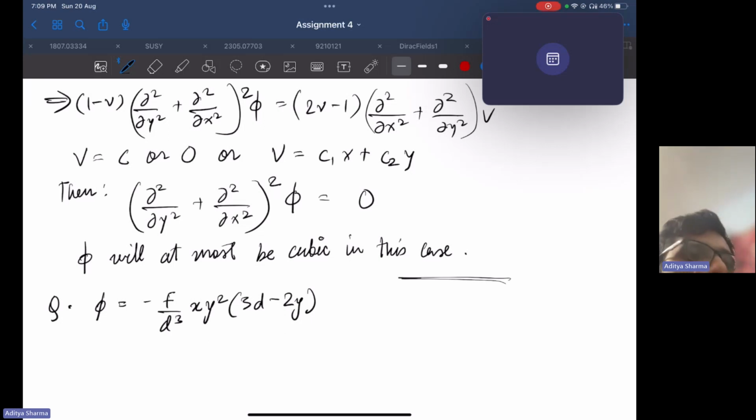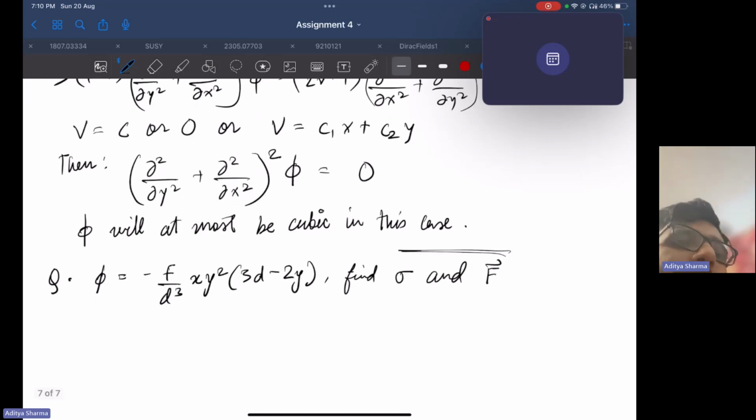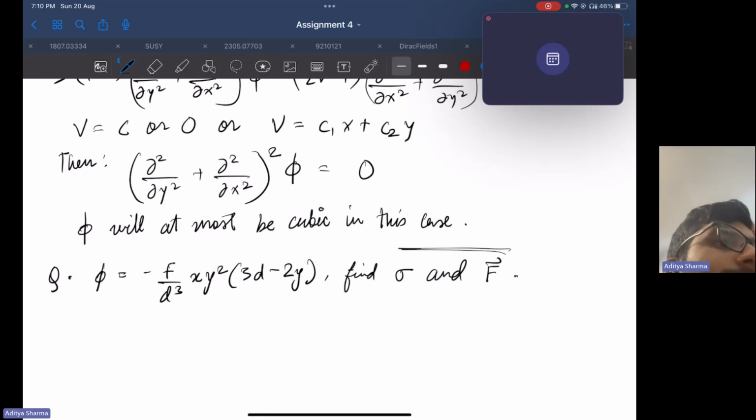So clearly body forces should be absent, and now we can directly find what the stresses are and what the force acting on the surface is. So find sigma at the surface.